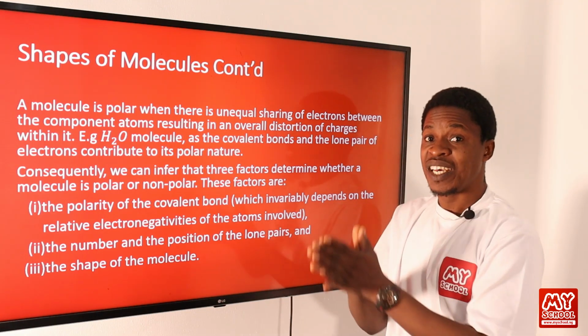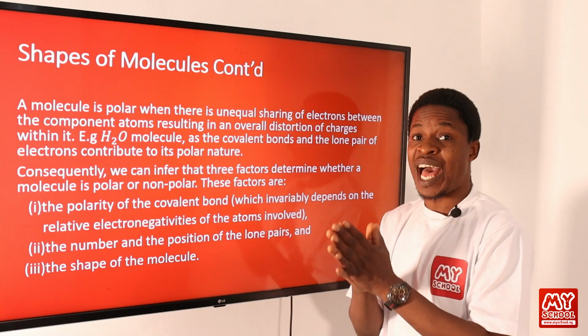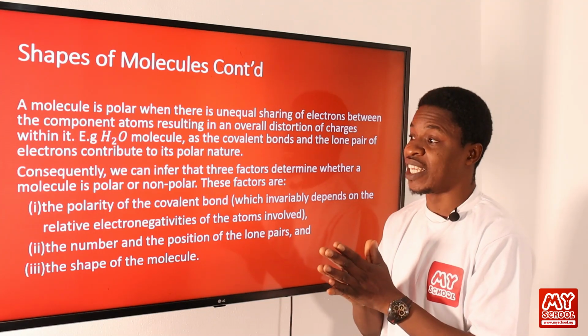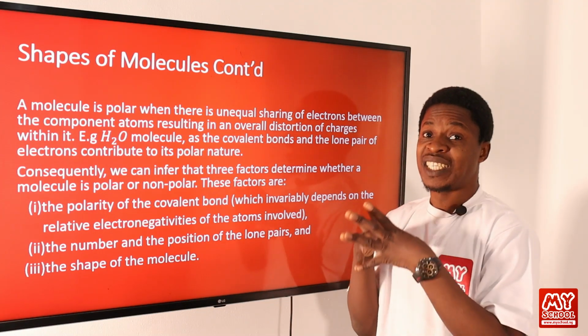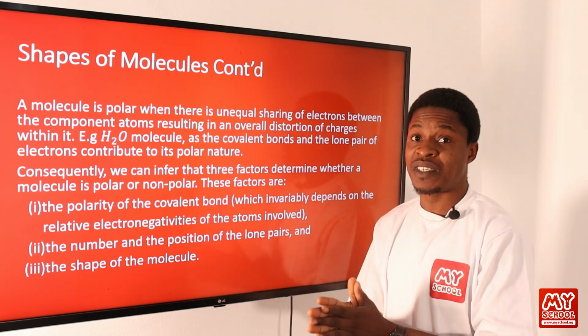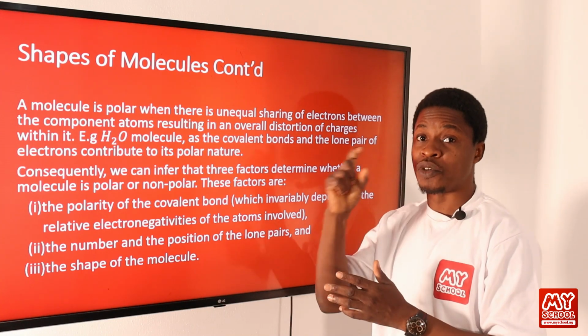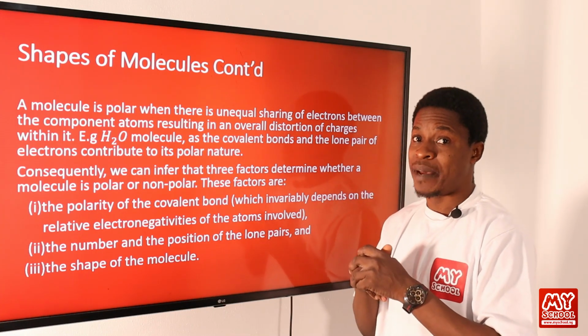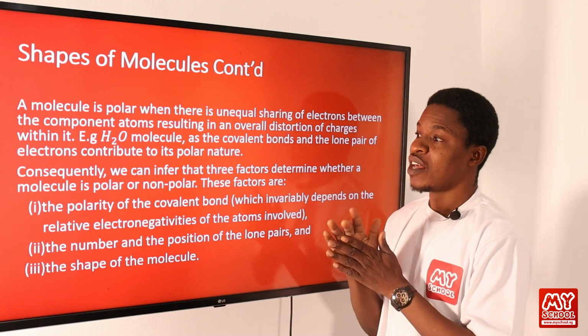For covalent bonding, we have sharing of electrons, usually among non-metals. And non-metals are highly electronegative. That's why we talked about group 7 elements and fluorine being the most reactive non-metal that is highly electronegative.